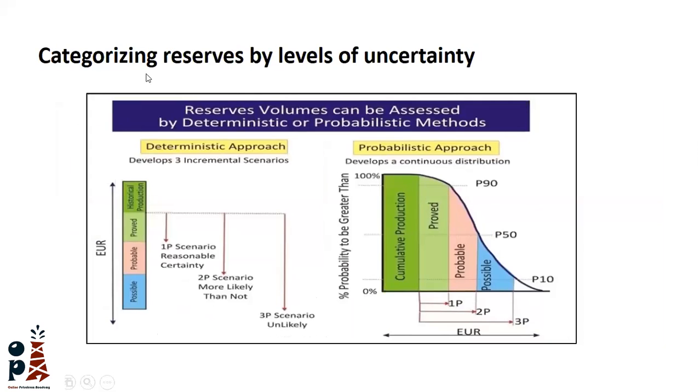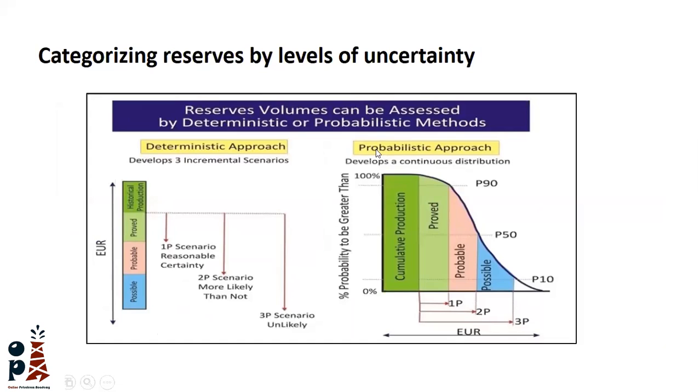So how do we determine our reserve? We have two ways to classify reserve. The first one is called deterministic, where you have one value for each scenario. For proved, you have one scenario. For probable, you have one value. For possible, you have one value for possible reserve.